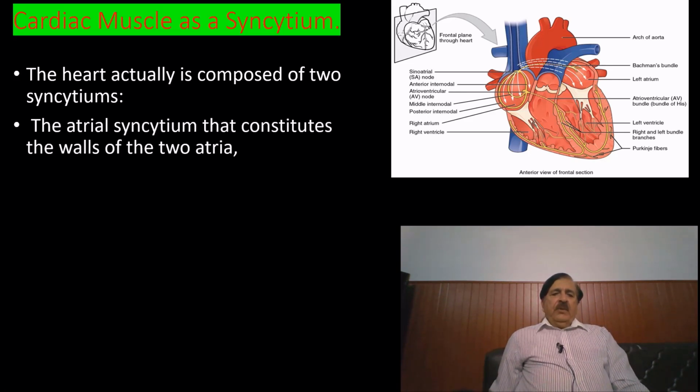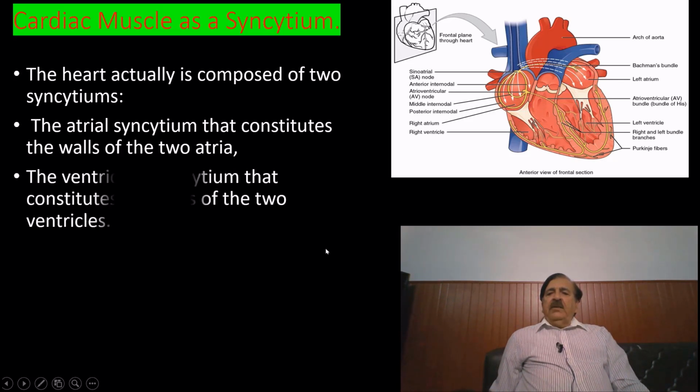Cardiac muscle is a syncytium. The heart is actually composed of two syncytia: the atrial syncytium that constitutes the wall of the two atria, the right atrium and the left atrium, and the ventricular syncytium that constitutes the wall of the two ventricles, the right ventricle and the left ventricle.